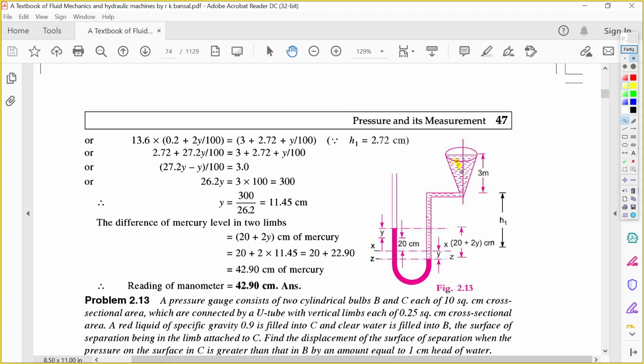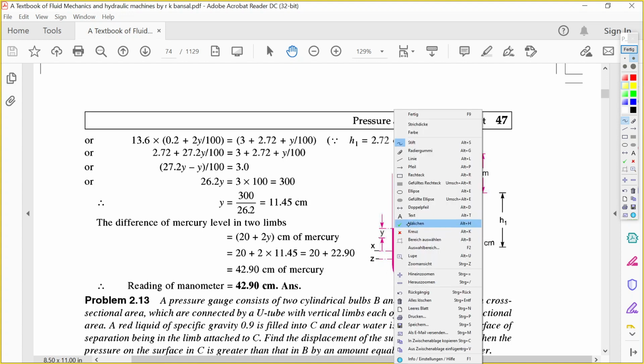The liquid is filled here, that means the water is filled here, so due to this pressure the height of the mercury decreases by y amount, and here increases by y amount.